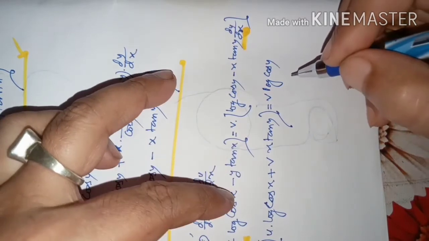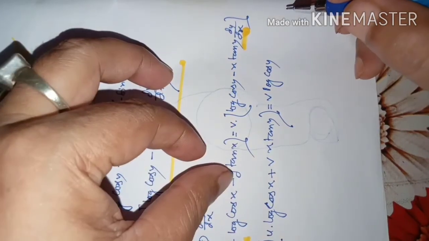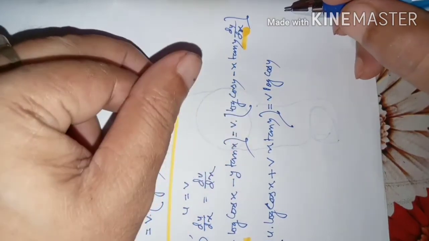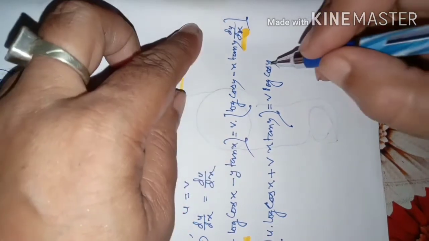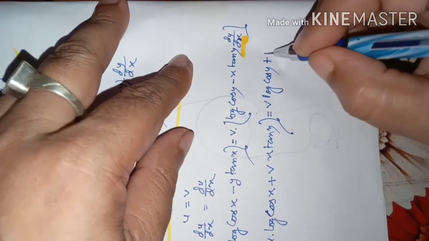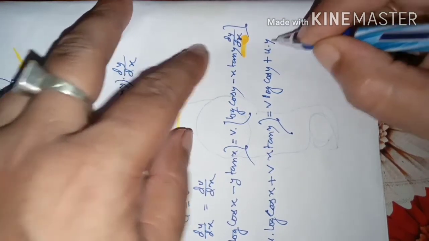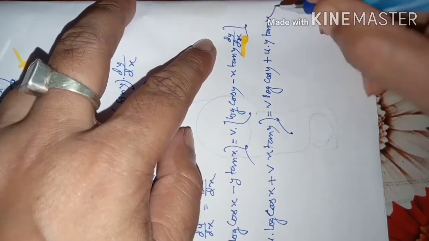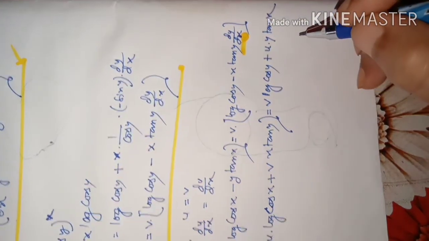Then from here also this will go, u into y tan x will go there, since it is minus but that side it will be plus. So it is u into y tan x. Okay, u into y tan x.